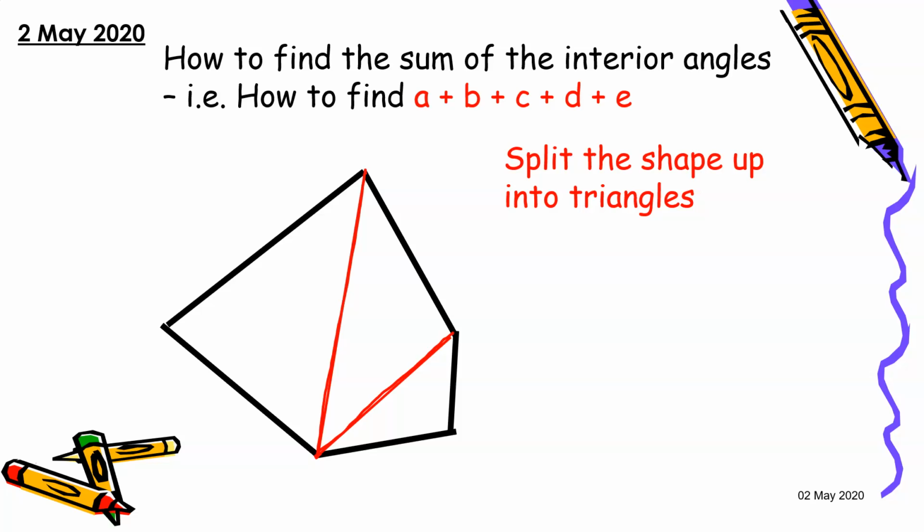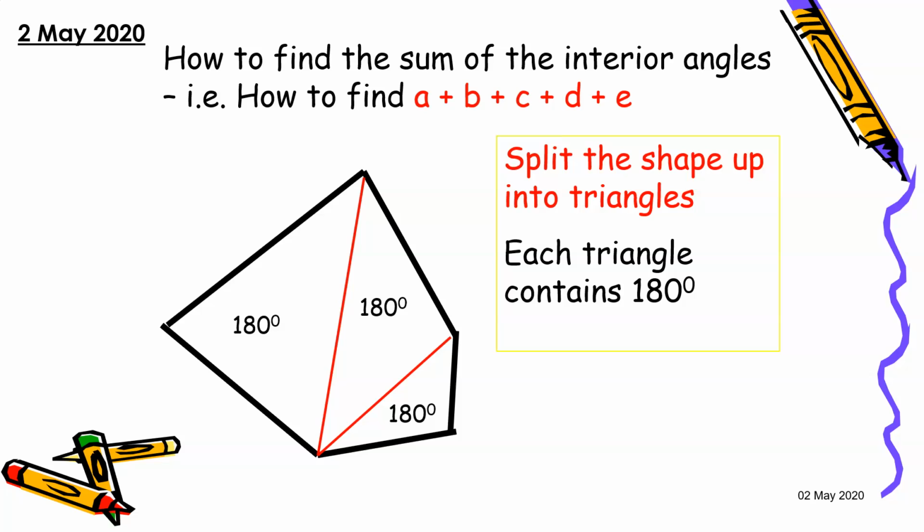And then it's a really simple thing: we already know that a triangle's internal angles are equal to 180. So if we've got 3 triangles, then we've got 3 lots of 180. Obviously, the more sides a shape has, the more triangles you make, so you end up with that many lots of 180.